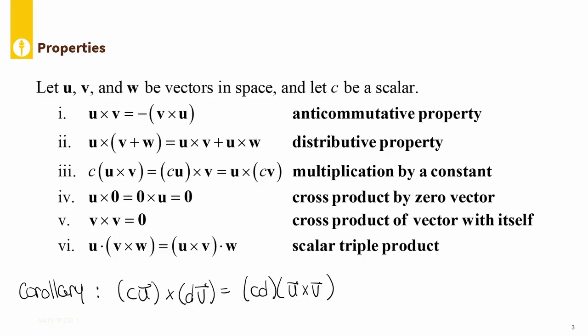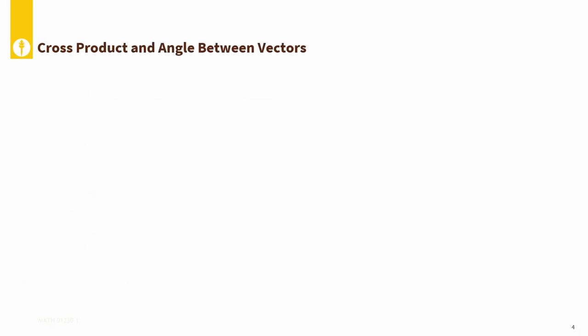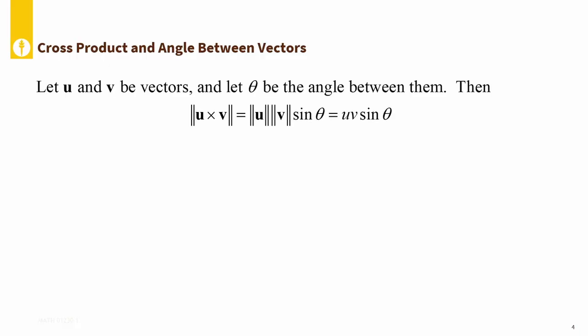We related dot product to the angle between the vectors. We can do the same thing with the cross product. Magnitude of the cross product: the magnitude of U cross V is the magnitude of U times the magnitude of V times sine of the angle between them.